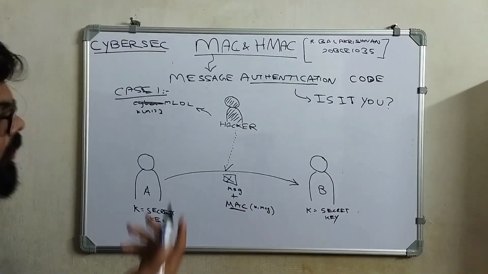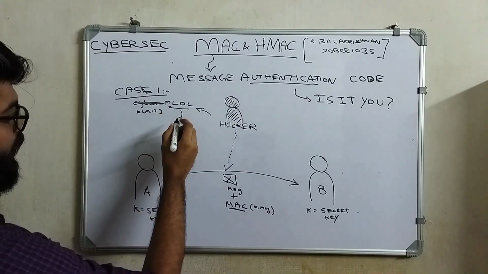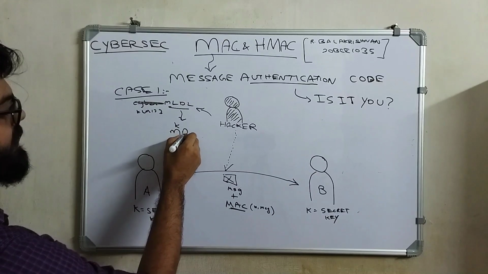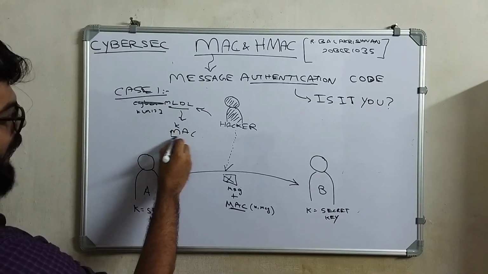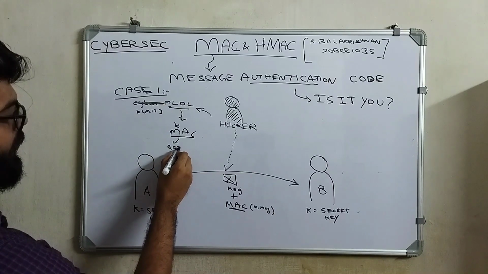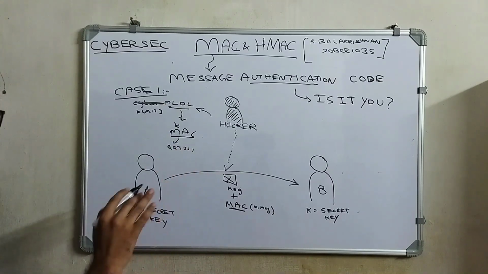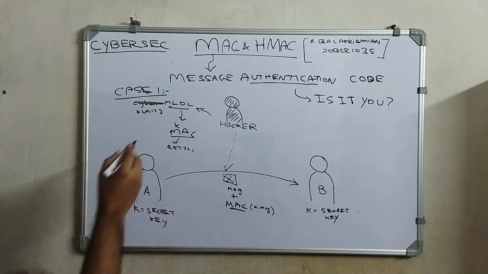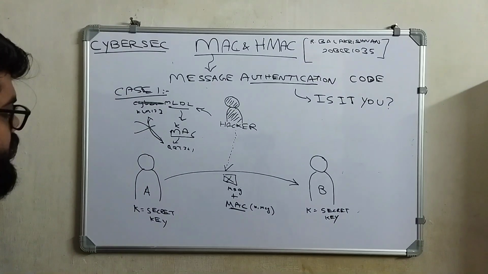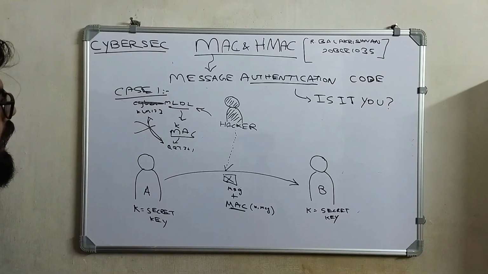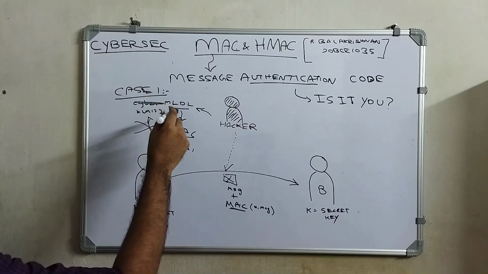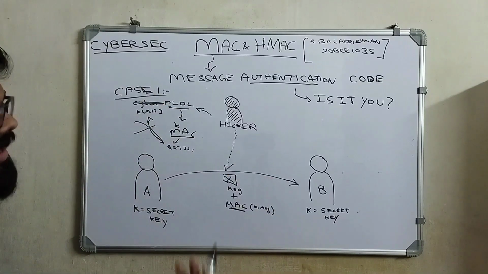What we will do is take this MLDL, put in the secret key, and give it as input to the MAC function, and we will get a MAC value. That would be something else, say QRT341. I am sure that these two values will never match, mainly because the message has been tampered with while the secret key is the same.